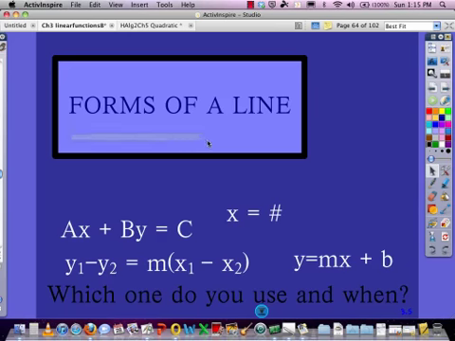Oh, there's one more here somewhere. There it is. Y equals a number is very similar to x equals a number. It goes the other way. It's our horizontal line. And again, we should know that all horizontal lines have a slope of 0.